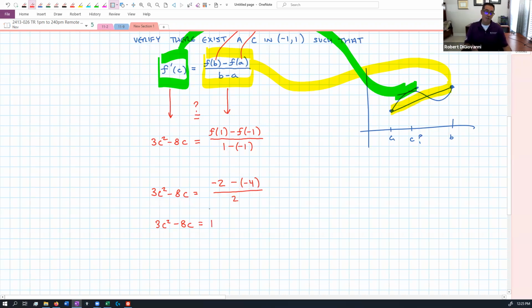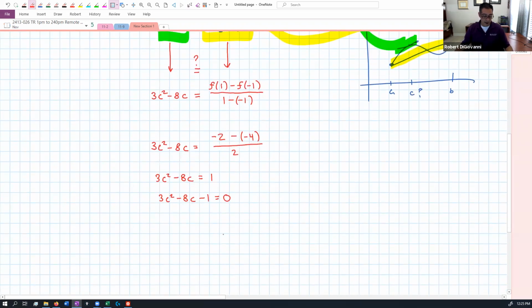And now we need to solve this equation. Just solve it for c. Well, it's quadratic, so we'll bring everything over to one side. And now, unfortunately, that doesn't factor. So I'm going to need to use the quadratic formula. My solutions will be -b plus or minus the square root of b squared. Now b is -8, right? So b squared is 64 minus 4 times a, which is 3, times c, which is -1, all over 2 times a, which was 3.